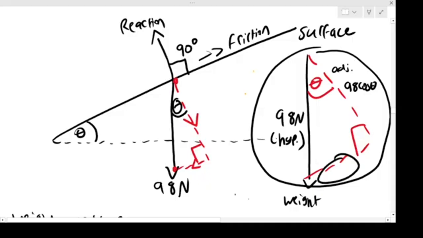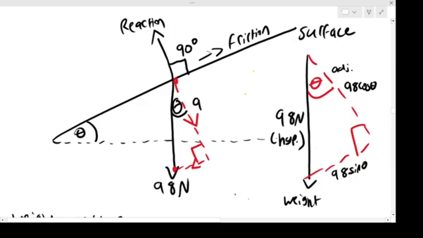And this side is opposite, so it's going to be 98 sine theta. So we can add this on to our diagram: 98 cos theta and 98 sine theta. What we're doing here is essentially splitting up the weight into two different directions. Hopefully you can see that. That's the setup.